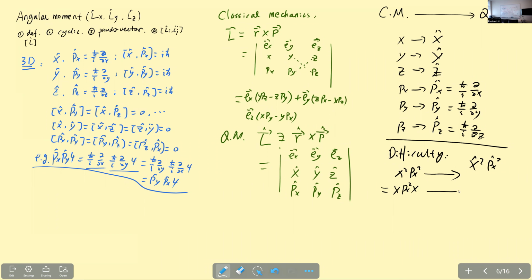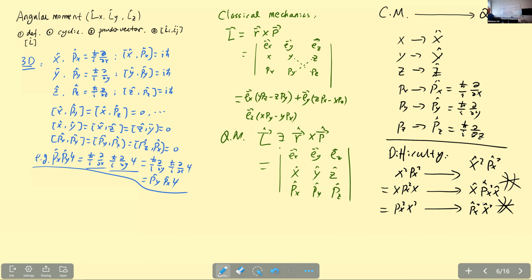And if we write this directly, these two are not equal. And you can even have something like p squared and x squared, and the translation will be px squared and x squared. And these two are not equal either.